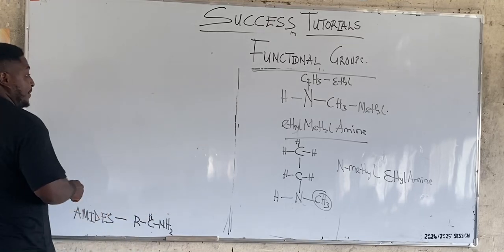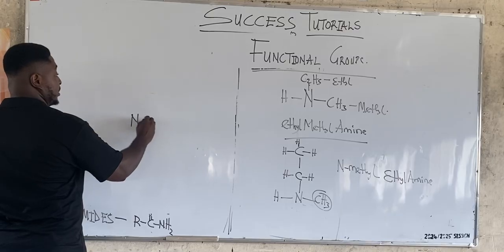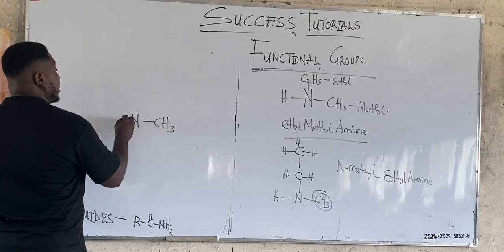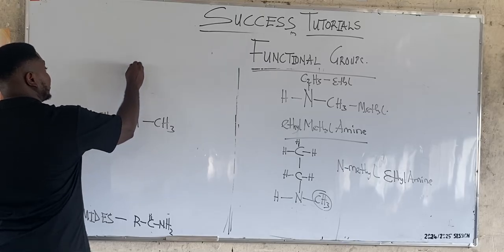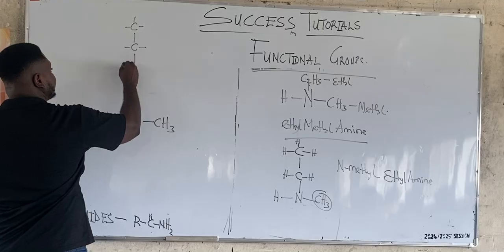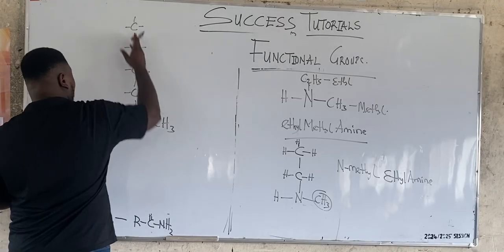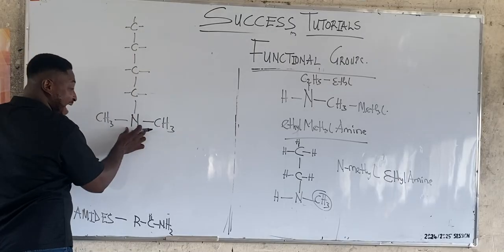Now, if it's a tertiary amine, let us say that we have another one like this, N. We have CH3 here, and another CH3 here, and then you have 4 carbons here: 1, 2, 3, 4. This guy has the longest carbon chain. These two have 1 carbon. So the parent name is 4 carbons, which is butylamine.